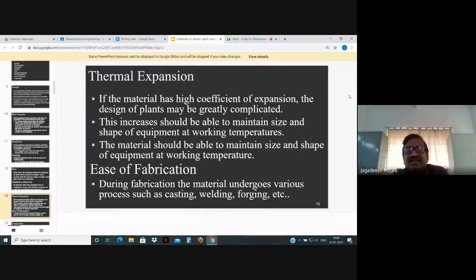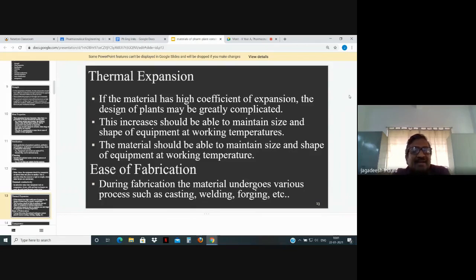You might have already studied that phenomenon in intermediate as an example. The material should be able to maintain the size and shape of the equipment at working temperatures without any odd shapes or expansions. Then we can use it, otherwise we need to select another material or alloy. The material should maintain size and shape at working temperature without any damage.